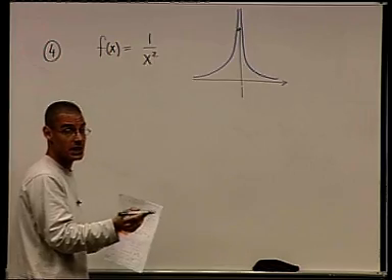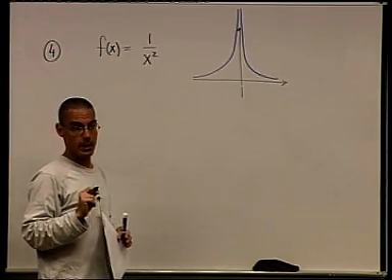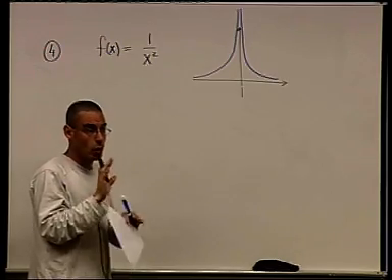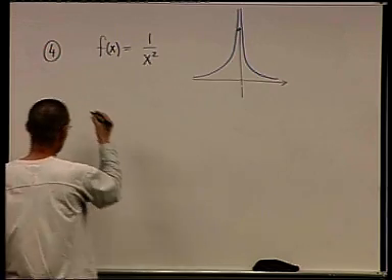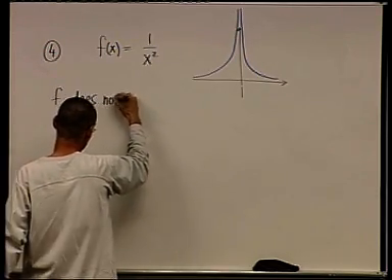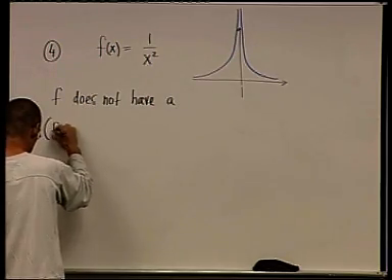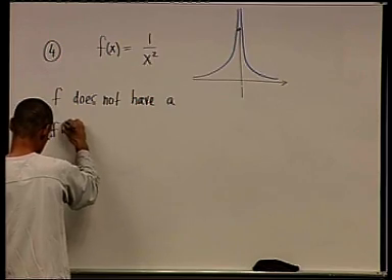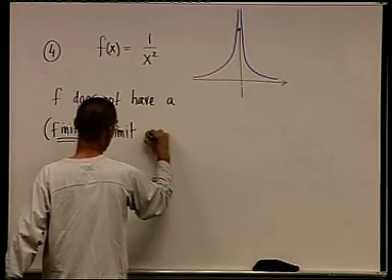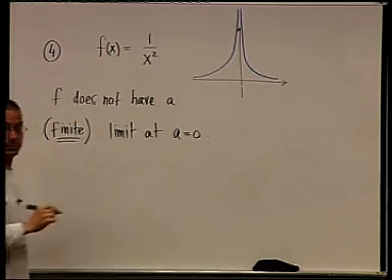We are going to say later that it tends to infinity. But the words "has a limit" are going to be only for finite limits. So, f does not have a finite limit at a equals 0. Good?